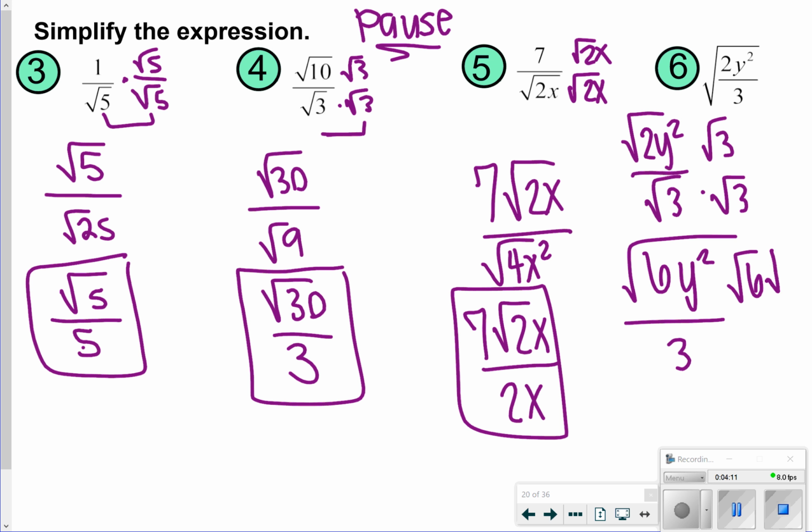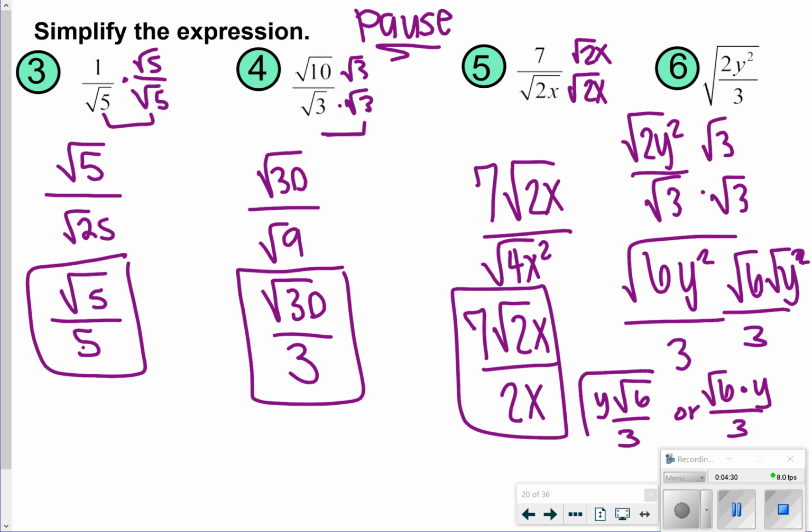The square root of 6 and the square root of y squared. The square root of y squared has a perfect square, so I'm going to go and find that. So my answer would be, you can say the square root of 6 times y over 3, or it might just be better to say y times the square root of 6 over 3, because you don't want it to look like the y is still a part of the radical. Okay?